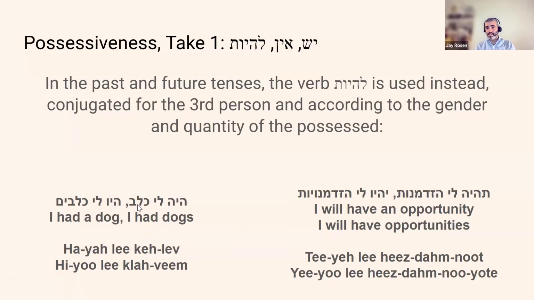Kelev is singular masculine. They have to agree with each other. If I want to pluralize, I had dogs, right? Hayu li klavim. The only thing that stays the same in both of these is li, to me. There was to me a dog. There were to me dogs.